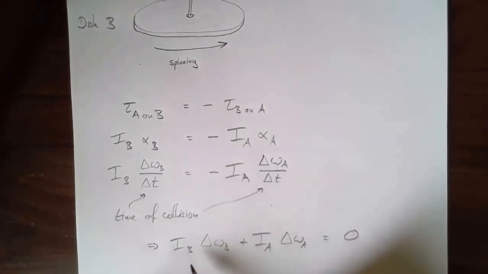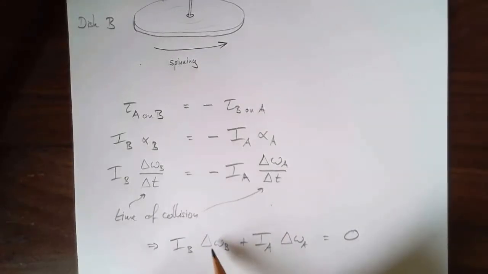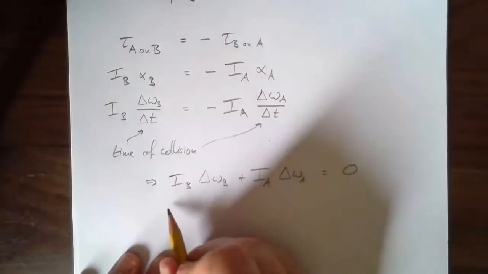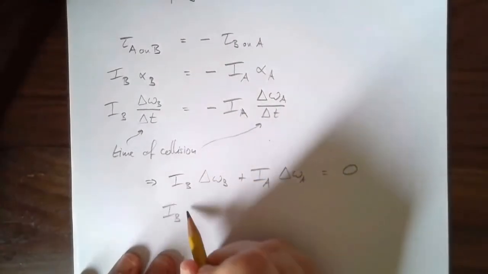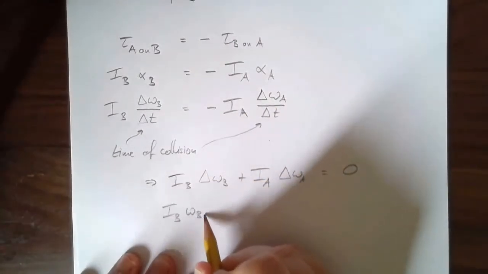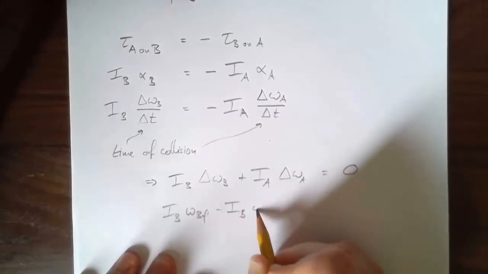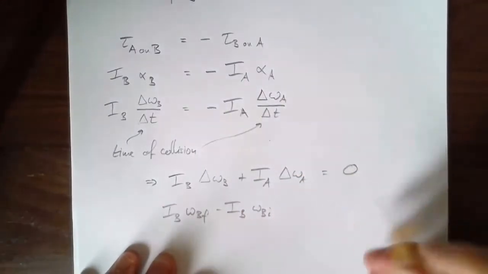Alright, now I can expand this to change in the angular velocity as the final angular velocity minus the initial angular velocity. Let me do that. So I'm going to get I_b omega_b final minus I_b omega_b initial.